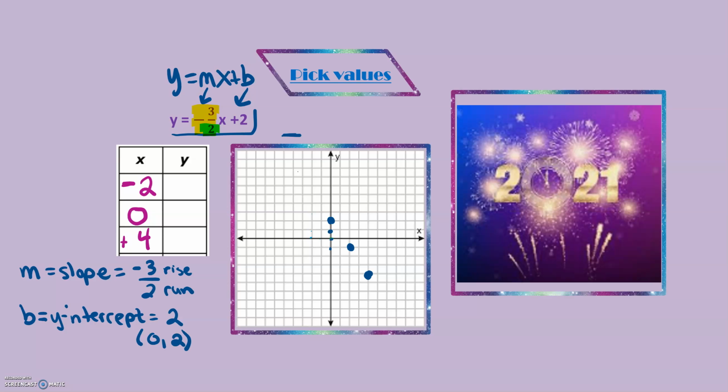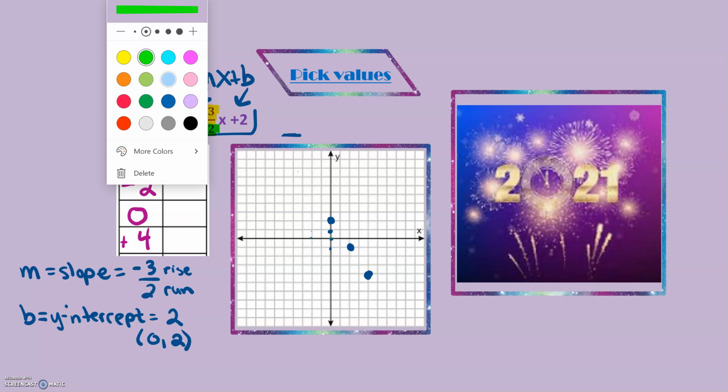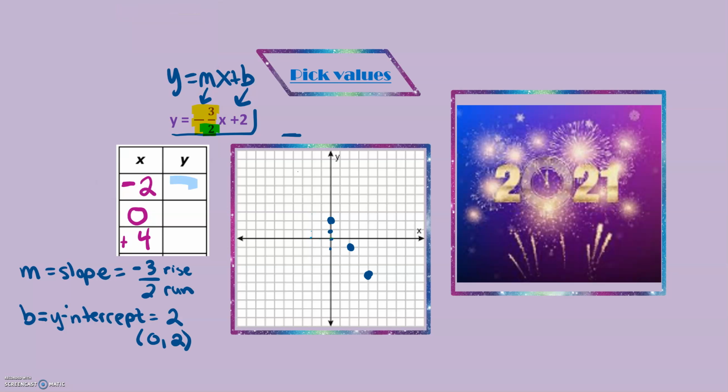Pause the video, do the work, fill in your y values, and then graph the 3 points that you have now created. Let's see if they match the line that we've already drawn just based on our equation.